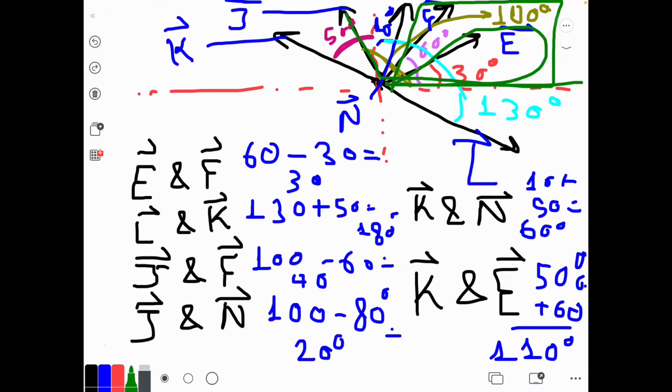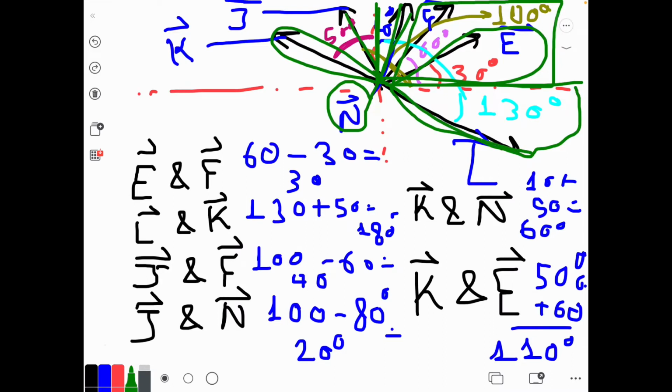Then we have a 10 degrees angle, which is vector Nick. And then we have vector Kyle, which is a 50 degrees angle from this side, and vector Luigi, which is a 130 degrees angle from the vertical line all the way to this side.